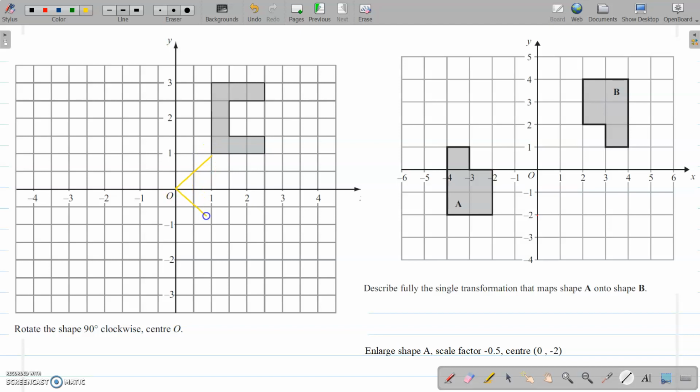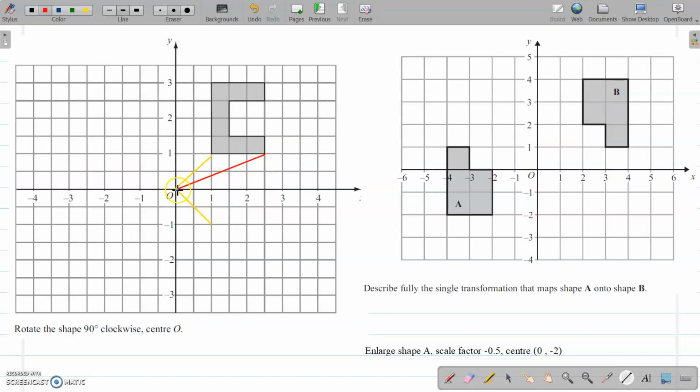Now I'm going to take that line and rotate it to there clockwise 90 degrees. Okay, now those two yellow lines are 90 degrees from each other, and also they're the same length as each other, which tells me that that point there is going to end up here on the new shape. Now if I took one more position on the shape, maybe if I do this in a different color, suppose I went from here to this point, then I notice that that's gone along 2.5 and up 1.